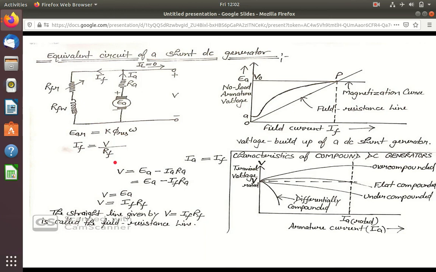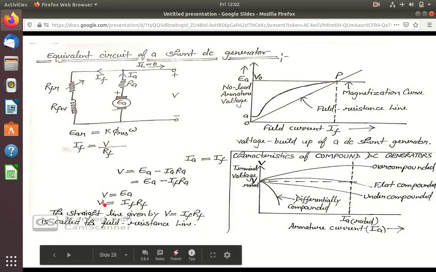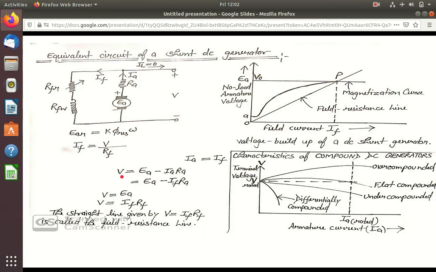The increased armature voltage EA increases the terminal voltage V. With the increase in terminal voltage V, the field current IF equal to V upon RF increases further. This in turn increases phi, and consequently EA increases further.